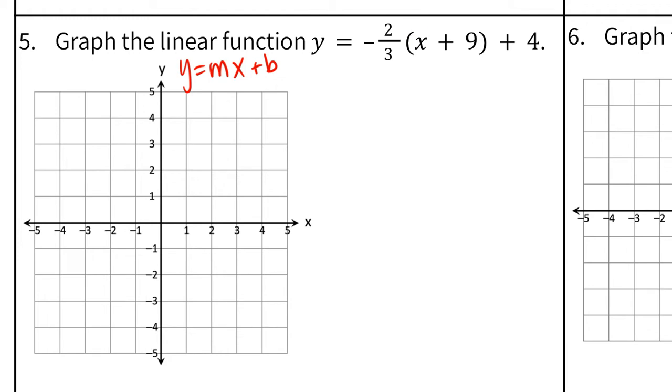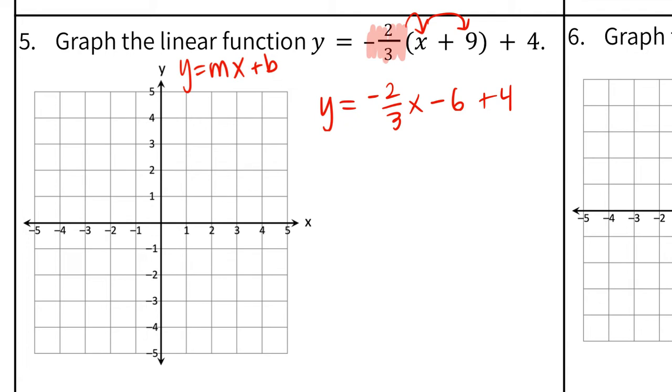First things first, I need to get rid of those parentheses. The way we do that is we take the number that's on the outside and distribute it to both things that are on the inside. So now I have y equals -2 over 3x and then minus 6. This plus 4 is not in the parentheses, so I'm not going to multiply it. I'm just going to bring it down, so plus 4 at the end.